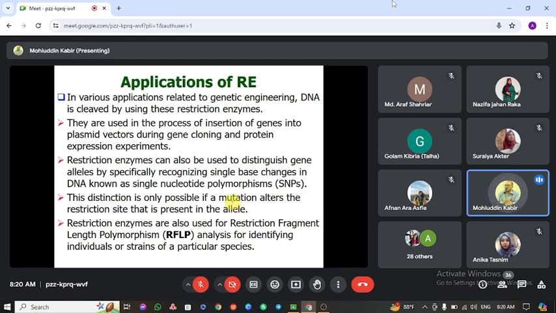Simply remember, when we say restriction enzymes, it solely represents restriction endonucleases.